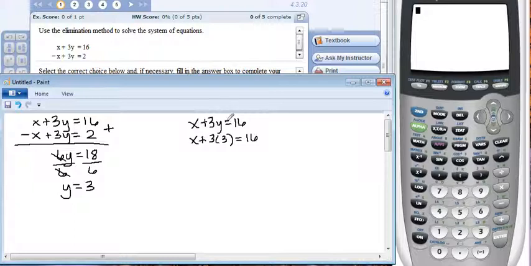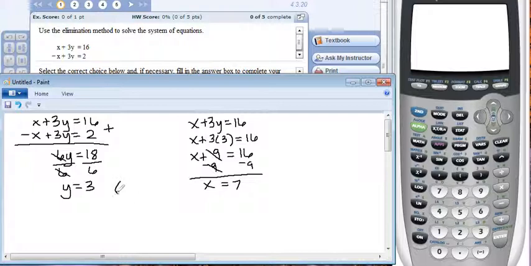See how now I've eliminated this double variable and I've got a single variable? That's really nice. 3 times 3 is 9. Then I subtract my 9 across. This is gone. 16 minus 9 is 7. Okay? There's my x and there's my y.